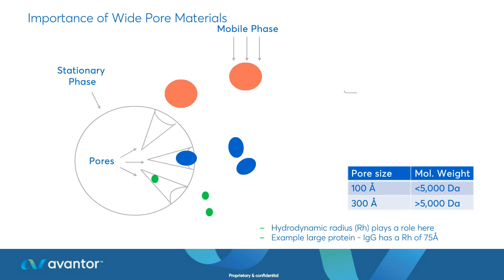So here's my example of why you need to consider the pore size of your column. I've got 3 analytes here, nicely coloured in green, blue and red. The small molecules can easily enter the pores, those green ones. The blue molecules can partially enter the pores, but it does depend on the orientation.